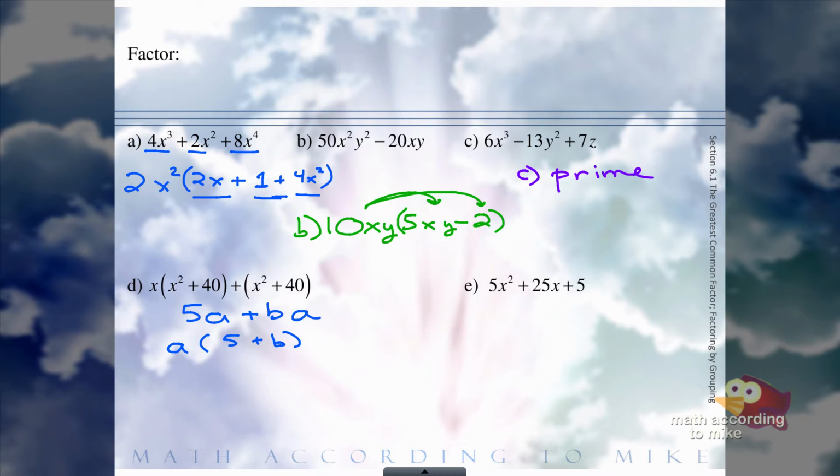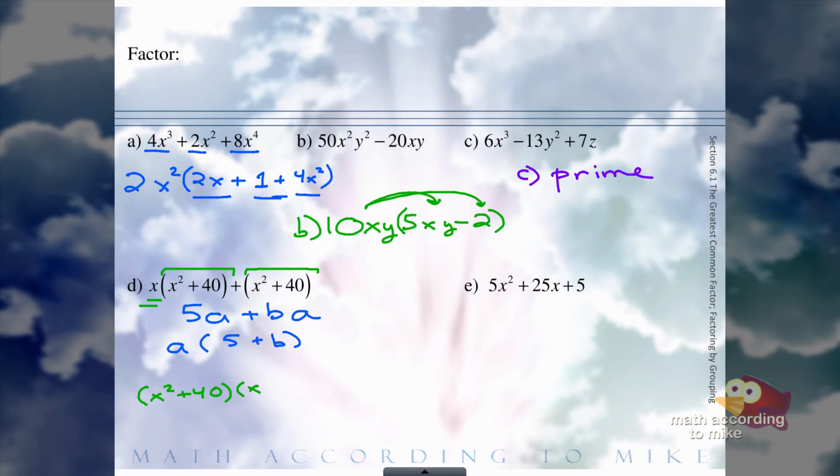All right, we have the same format for what I just wrote there. Notice we have the same thing here, x squared plus 40. Since both terms have the common factor of x squared plus 40, I can pull out the x squared plus 40. If I pull out the x squared plus 40, notice I'm left with x.